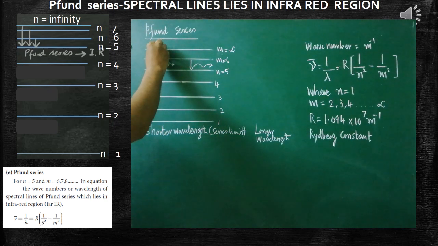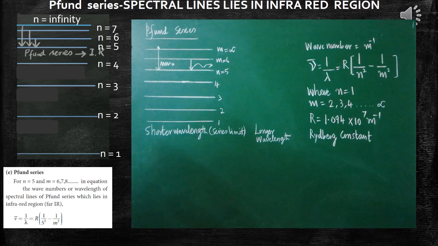Among all the radiations, the shorter wavelength radiation will be emitted when the electron transition takes place from infinity orbit to the fifth orbit. Therefore, the n value is 5, and the transition takes place from m is equal to infinity.